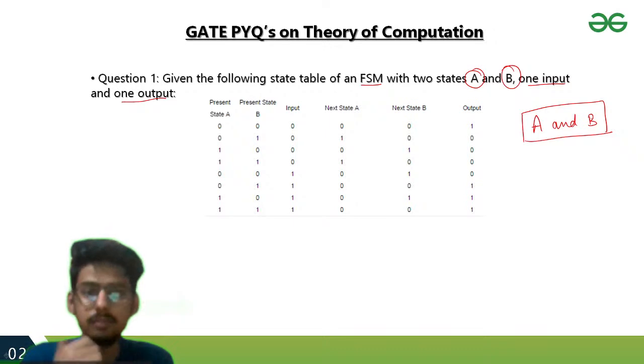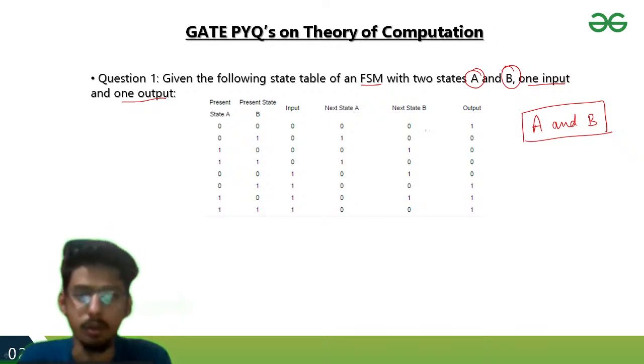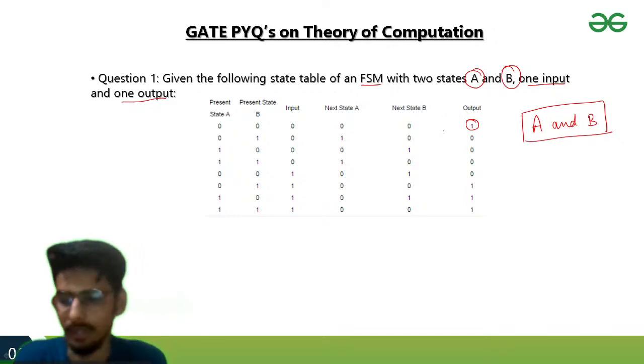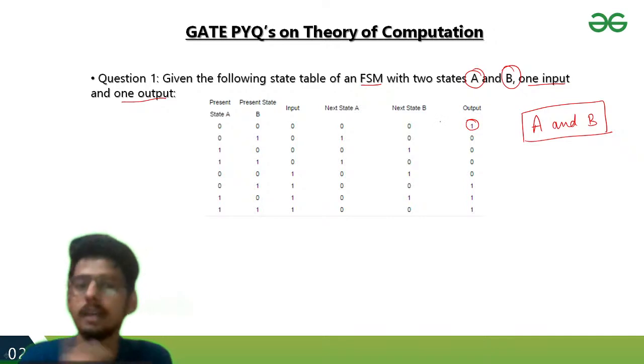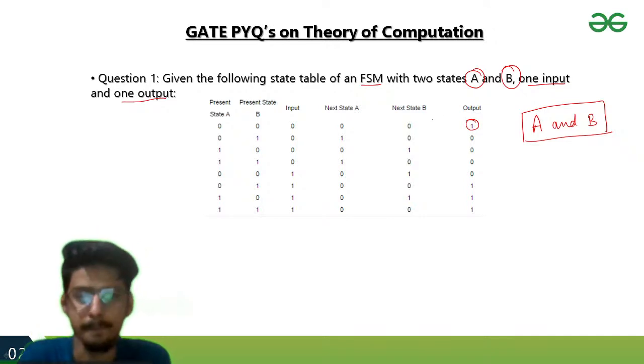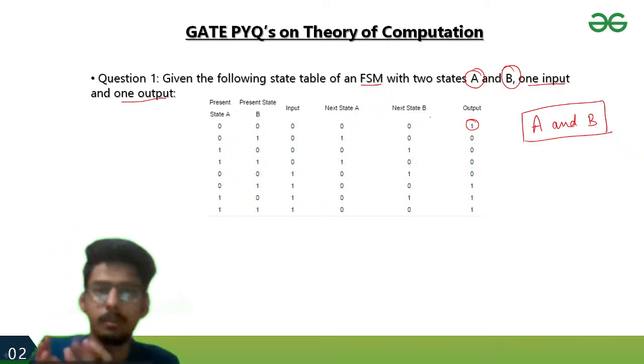One more thing, you also have the output associated over here, right? So it is either a Mealy or a Moore machine. You can assume that, because in the case of Mealy and Moore machines, you have the finite automata with output.